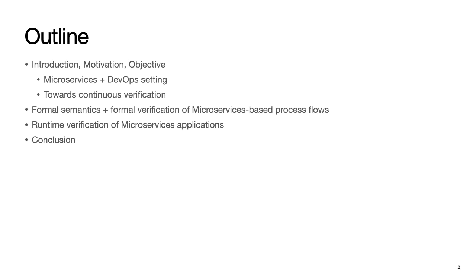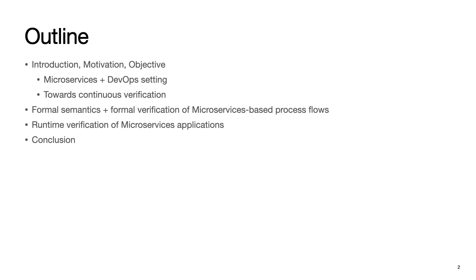Okay, so the outline. I'm going to spend a little bit of time introducing this work, discussing motivation and objectives. I'm going to talk about the microservice architectural style and the DevOps setting, and introduce the idea of continuous formal verification in a DevOps setting.